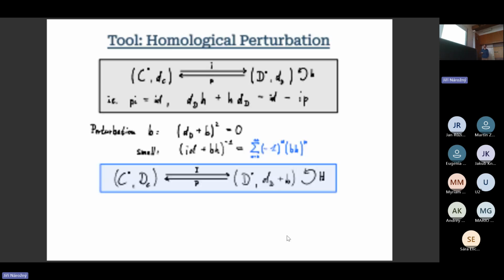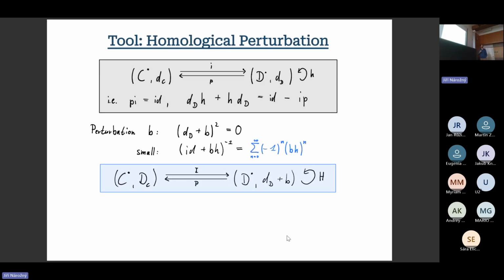small perturbation, we can construct a new deformation retract, where on the right-hand side the new differential is given by the perturbed differential, but then all the other structures also get perturbed a little. So our delta, our differential on the left-hand side gets perturbed, the I and P get perturbed, and also the homotopy.